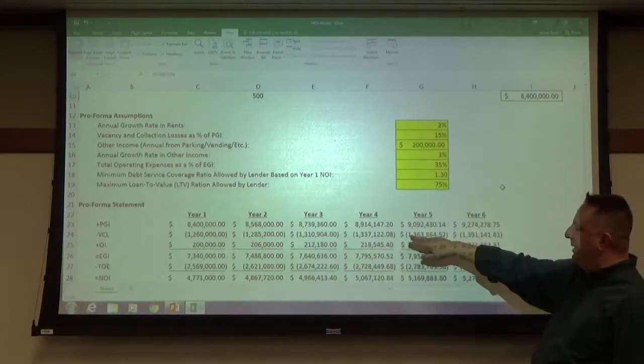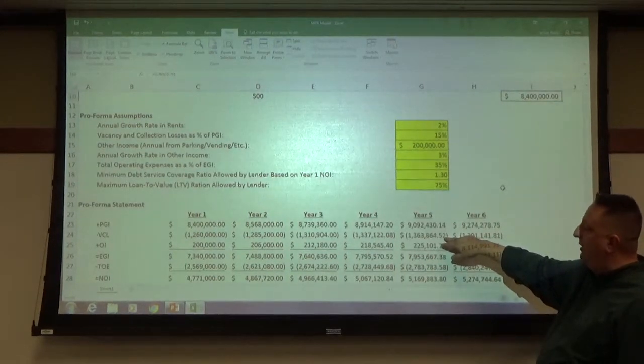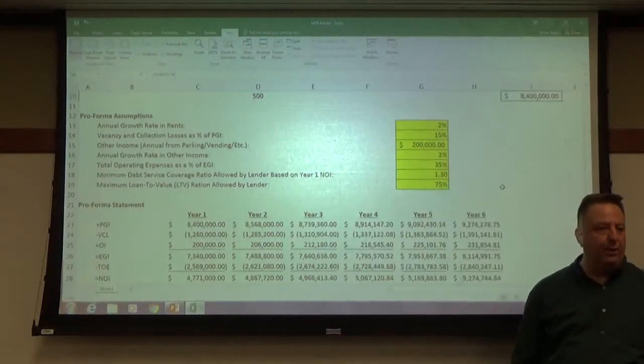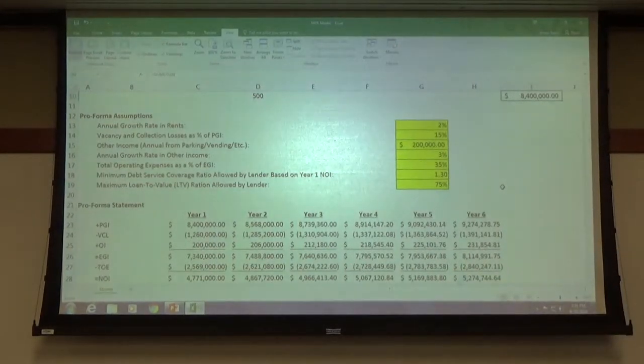Multiply that by 15%. That should give us the vacancy and collection loss for that year. So in other words, the vacancy and collection loss changes with the income being generated. Does that make sense? Okay?